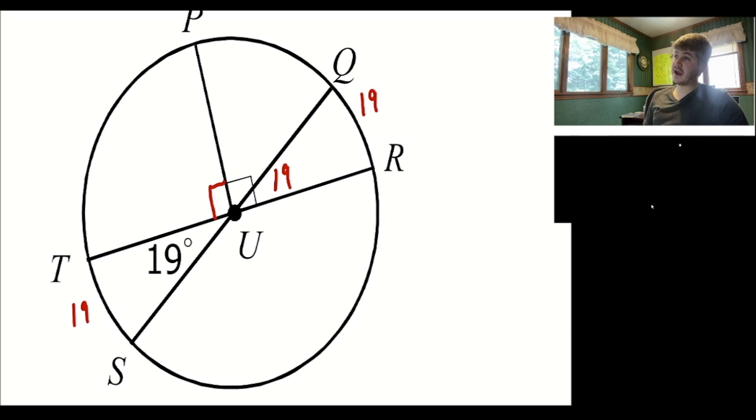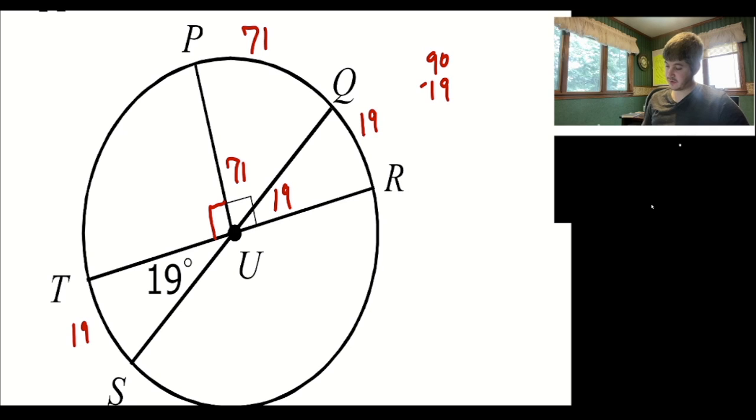And then the other angle that's getting cut by that 19 degree side, we could just subtract that from 90 because those two angles must be complementary. So 90 minus 19, was that 71? Yep. And that makes this out here 71. That makes this arc 90 degrees.